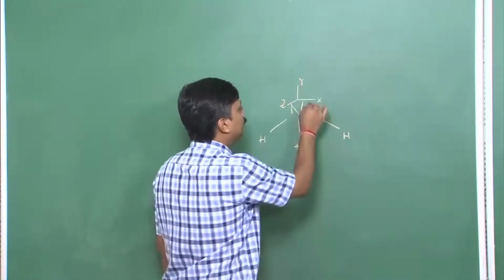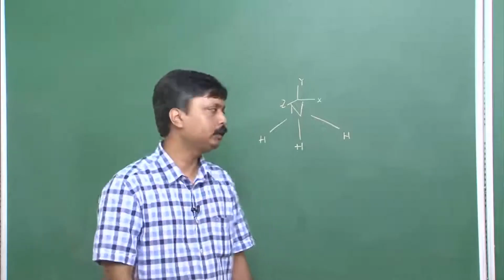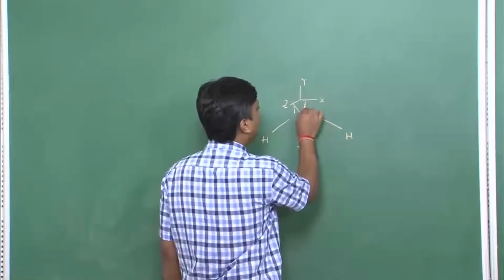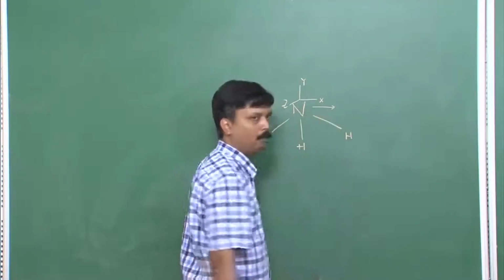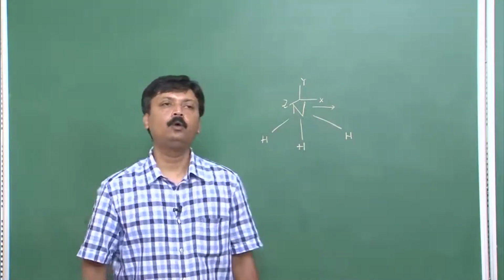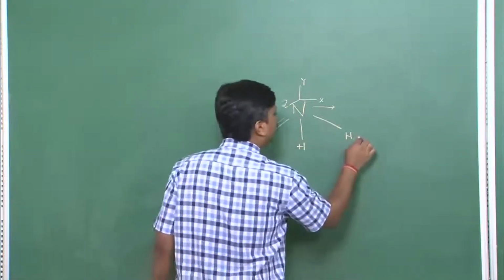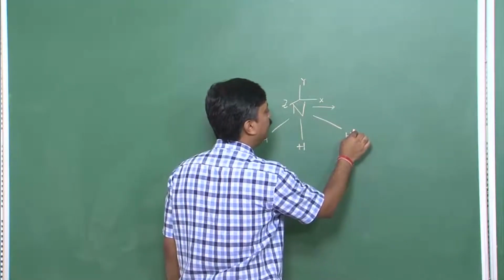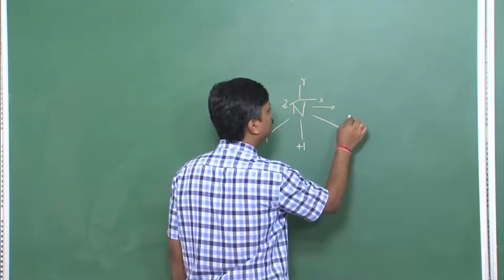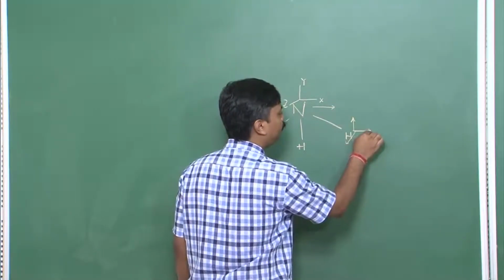Each coordinate is independent of the other coordinates. So therefore this N can move in the x direction by a certain amount without worrying about what is going to happen in the y and z directions, and H also can do the same thing, in any direction, z or y or x, which are all independent.